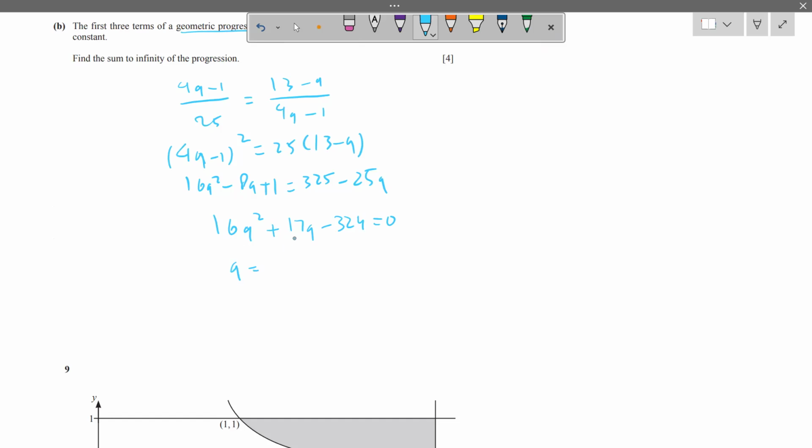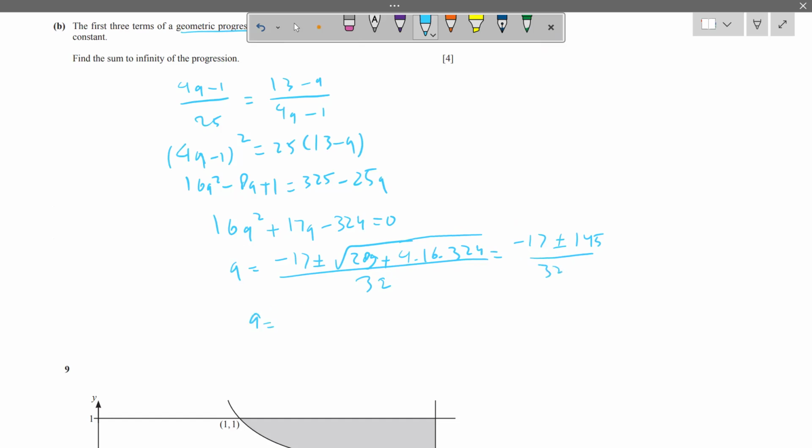So q is equal to minus 17 plus minus the square root of 289 plus 4 times 16 times 324, over 32. Now this itself would require a calculator. This inside the square root would evaluate to 145 over 32.